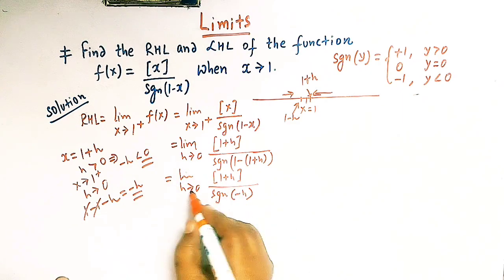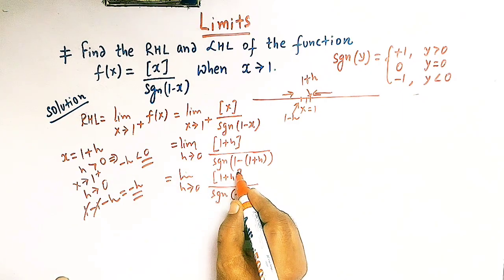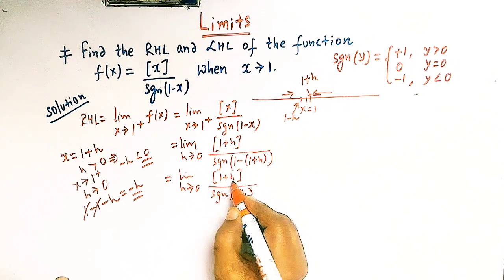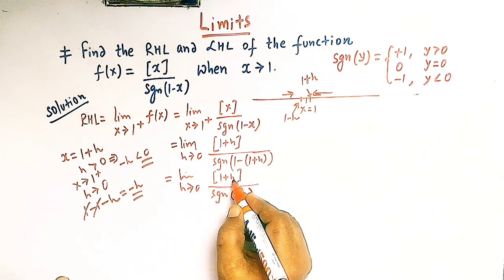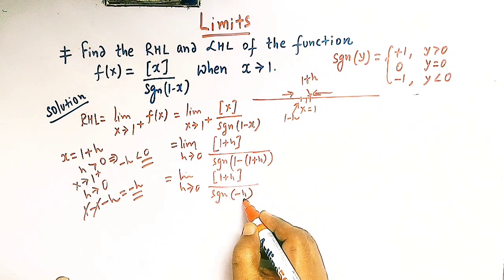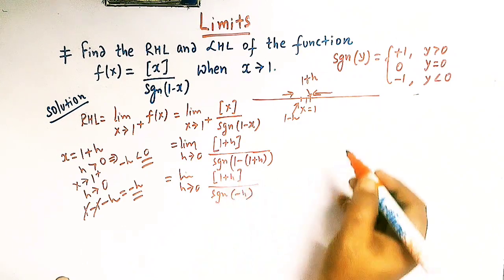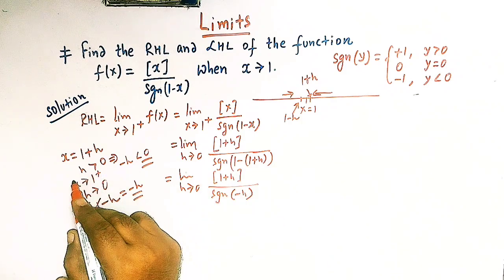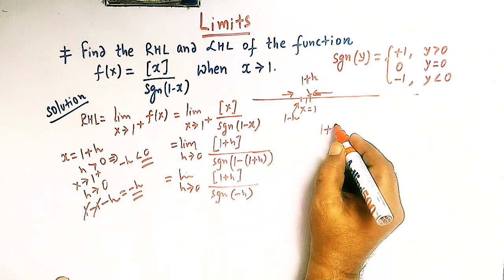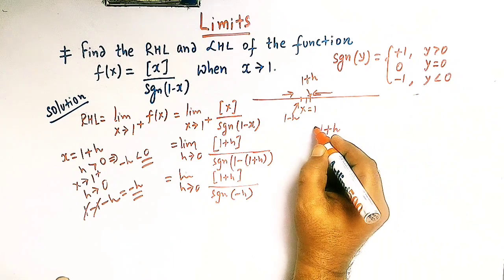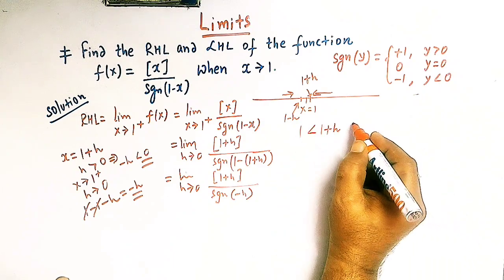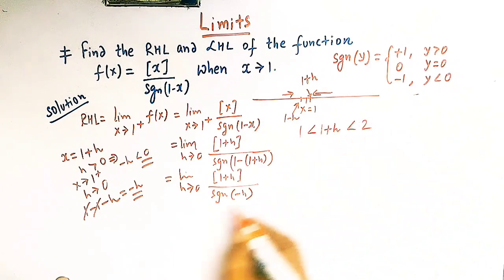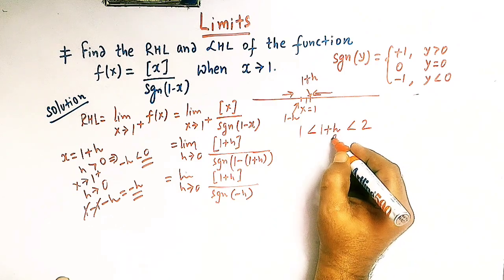And here let us now assign value to the greatest integer of 1 plus h, because we cannot directly substitute h is equal to 0 in the numerator and the denominator, right? Since h is greater than 0 but less than 1, 1 plus h is slightly greater than 1, but it is less than 2, because h is a positive quantity.